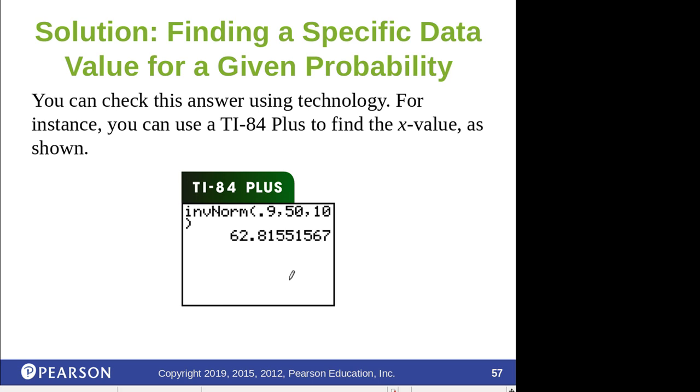If you go to second and distribution, it is the third thing down. What you put in is your probability, your mean, and your standard deviation. Again, I will do calculator-specific videos with example problems as we go through. For anything I'm doing in class right now, I will use the table as our way of going backwards and forwards on this.